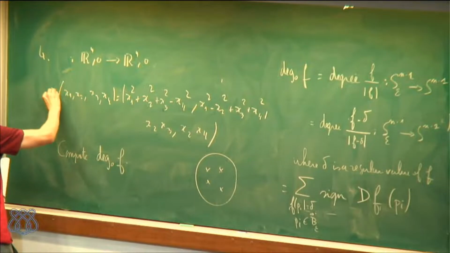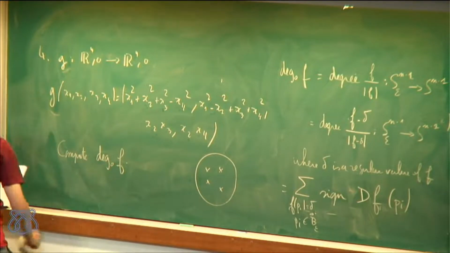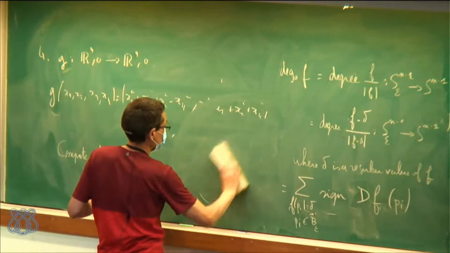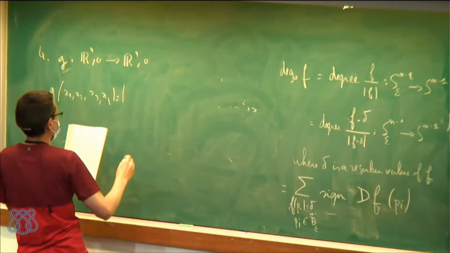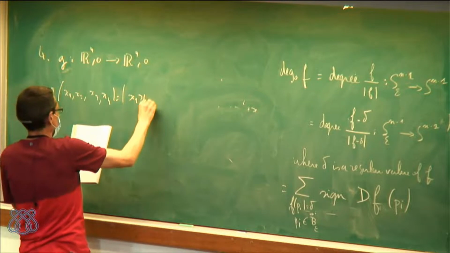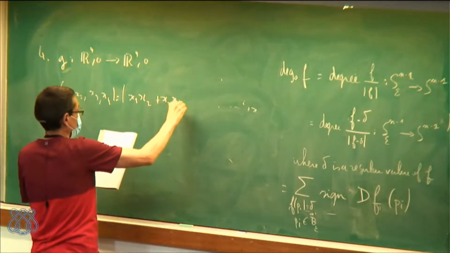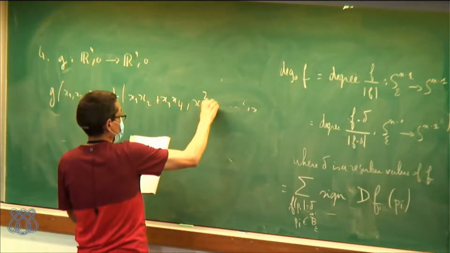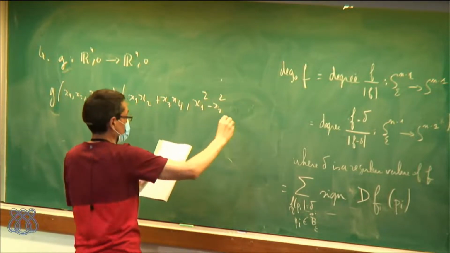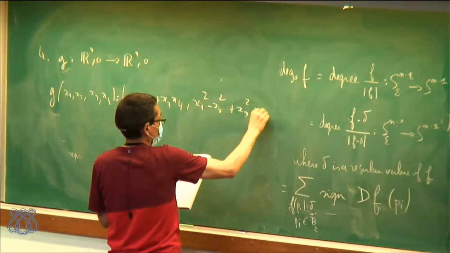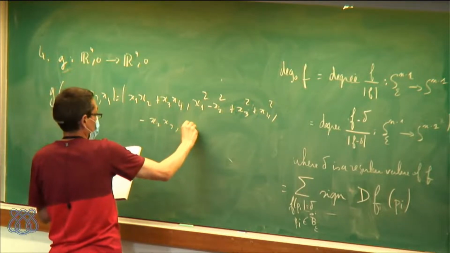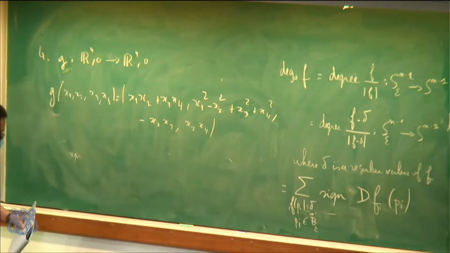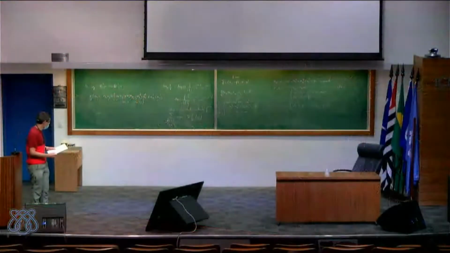G is (x1 x2 plus x3 x4, x1 square minus x2 square plus x3 square minus x4 square, x2 x3, x2 x4). So we'll do the same.